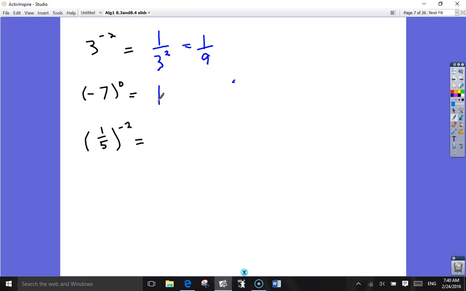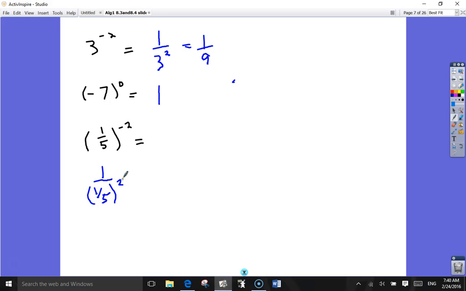How about 1/5 to the negative 2? Okay, so if you're thinking of what we did, you could say, wouldn't that be 1 over 1/5 to the positive 2, right?